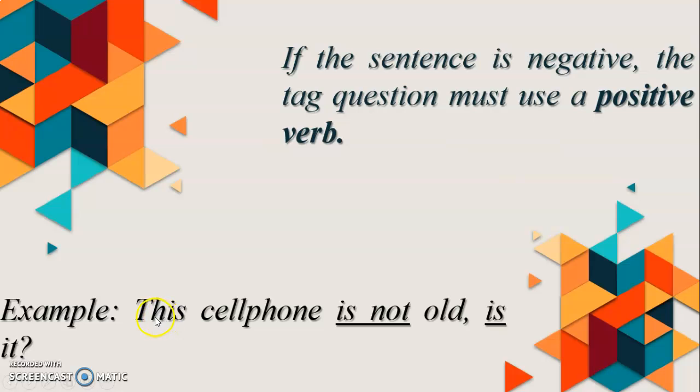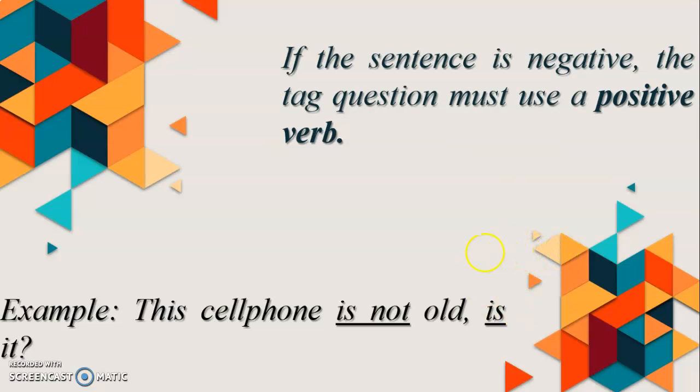So this sentence is negative and the tag question must be positive. In here I have no problem using the full form. This cell phone is not old, or this cell phone isn't old. Both are correct.